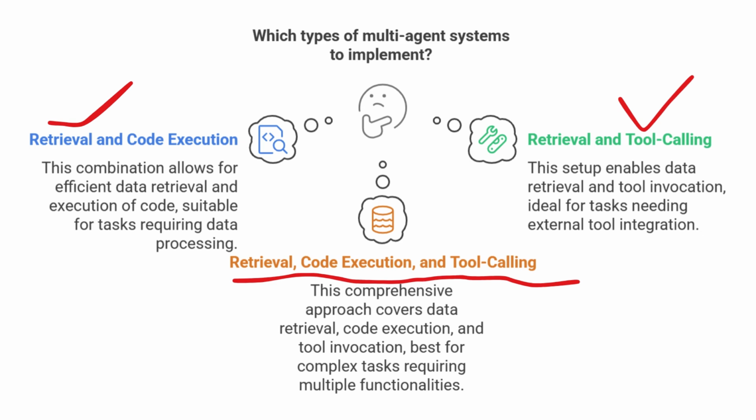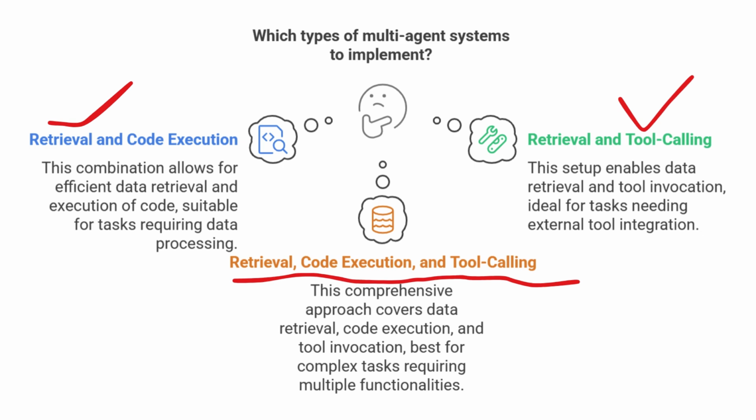Why multi-agent systems matter? The power of multi-agent systems comes from their ability to divide complex tasks into specialized roles. Instead of having one agent handle everything, multiple agents work in parallel, improving efficiency and accuracy.